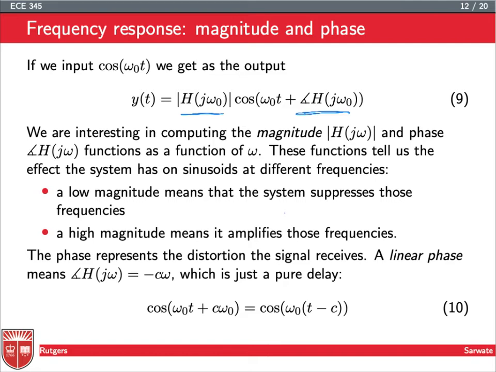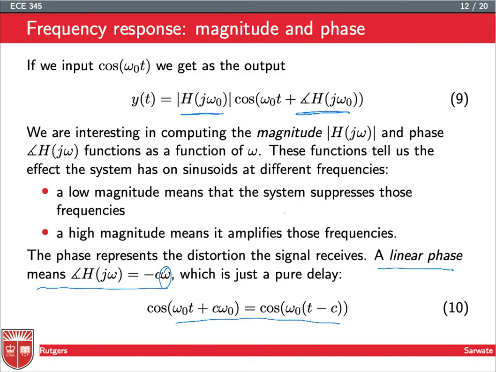Right. So the phase part actually represents the sort of distortion that the signal receives, because if we had a linear phase, where the phase of H of j omega is a linear function of omega, this turns out to be just a pure delay.